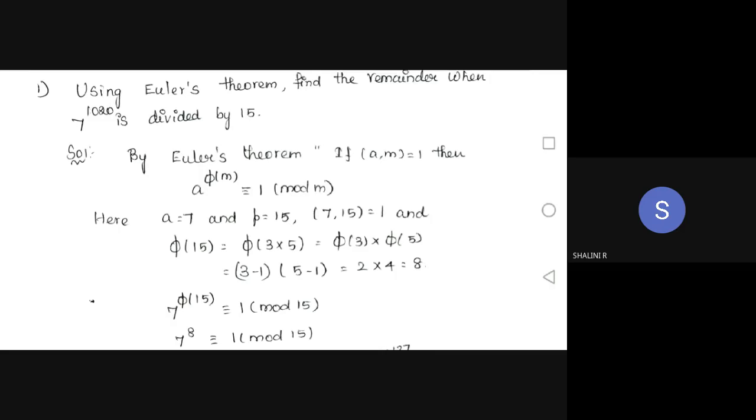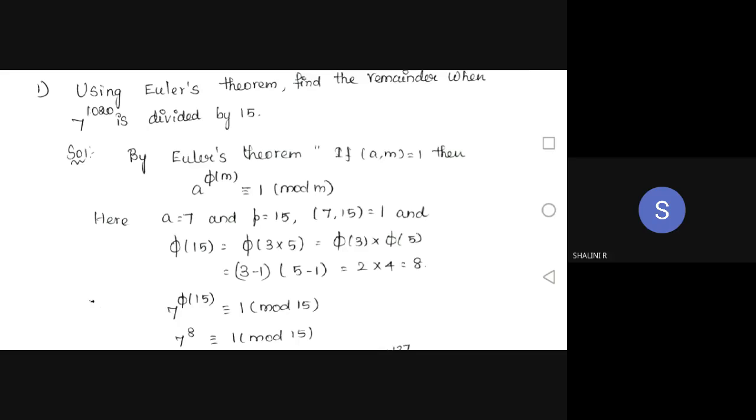We know very well phi is a multiplicative function, so phi of 3 into 5 is equal to phi of 3 into phi of 5. We know phi of p is equal to p minus 1. Therefore, phi of 3 is 3 minus 1 into phi of 5 is 5 minus 1, so 2 fours are 8. So phi of 15 is equal to 8.